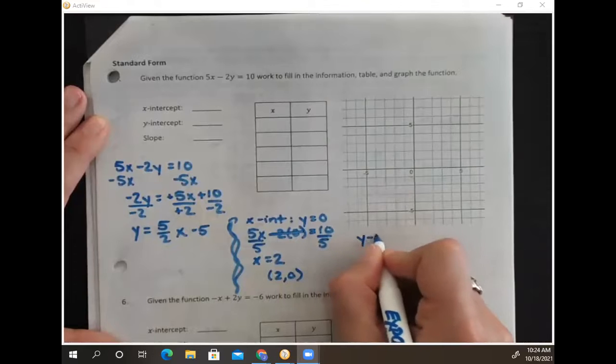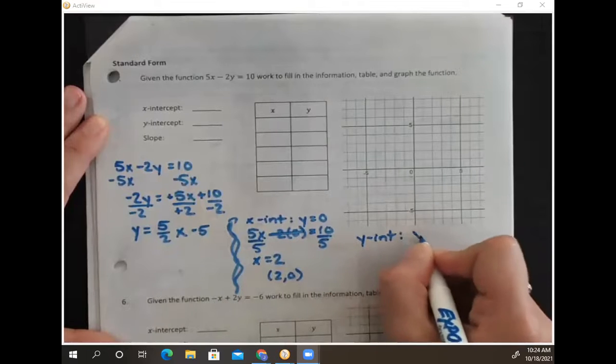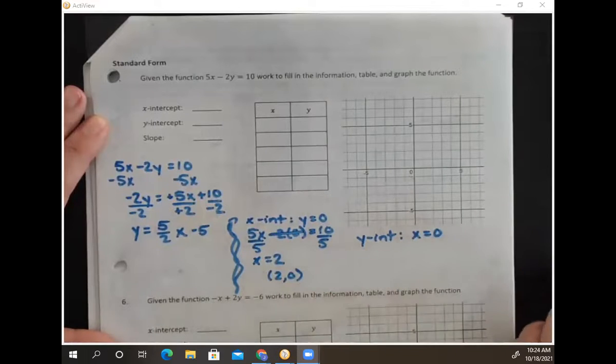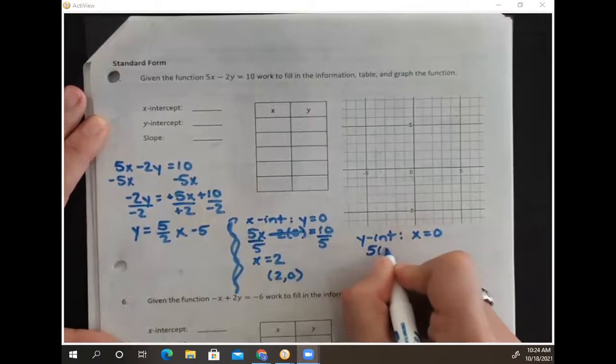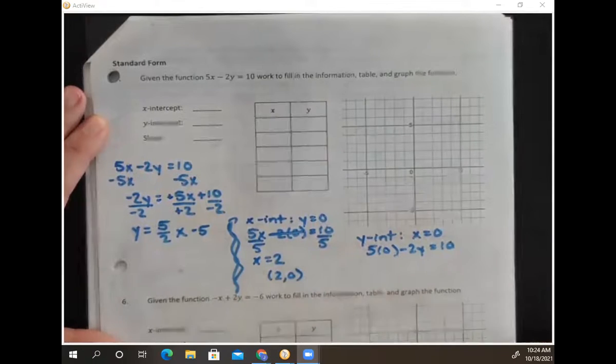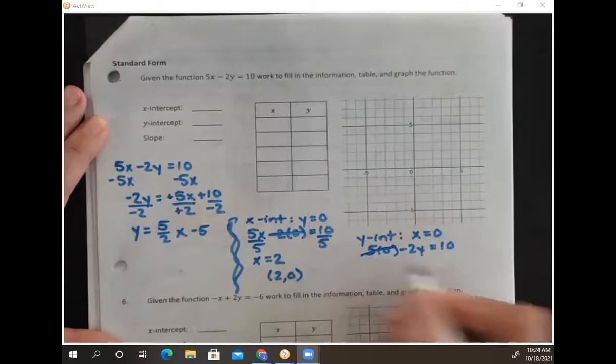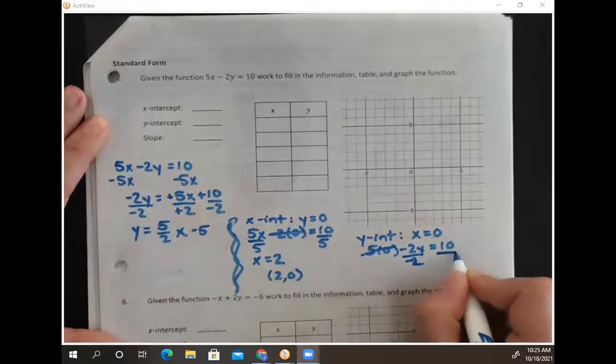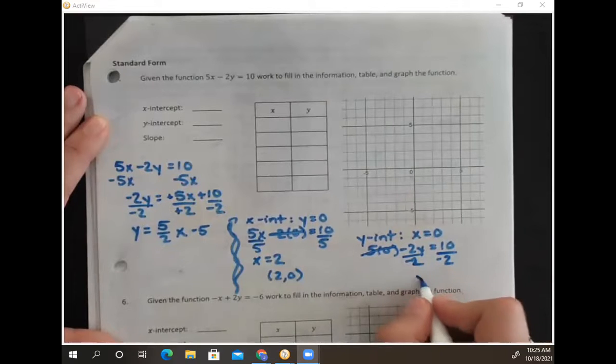To find my y-intercept, I'm going to plug in x equals 0. So this would be 5 times 0 minus 2y equals 10. 5 times 0 is just 0, so I'm left with negative 2y equals 10. To get y by itself, I'm going to divide both sides by negative 2. So I get y equals negative 5.